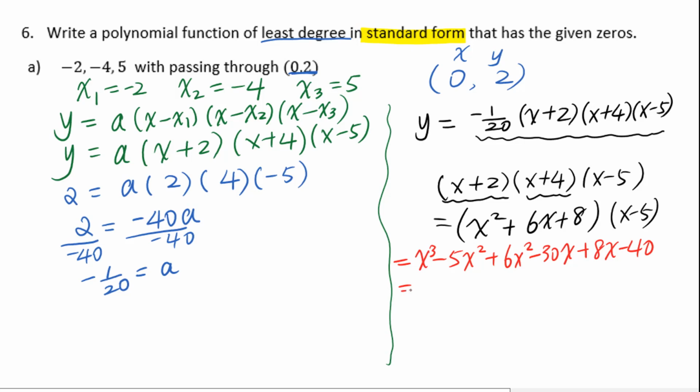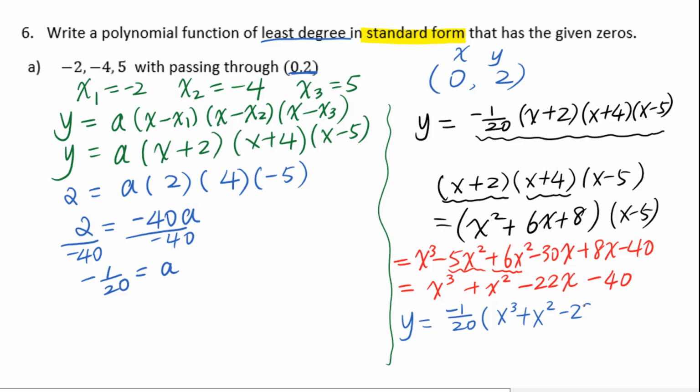Combine like terms. x to the third power, plus x squared, then minus 22x minus 40. So the final answer: y equals -1/20 times (x to the third power plus x squared minus 22x minus 40).